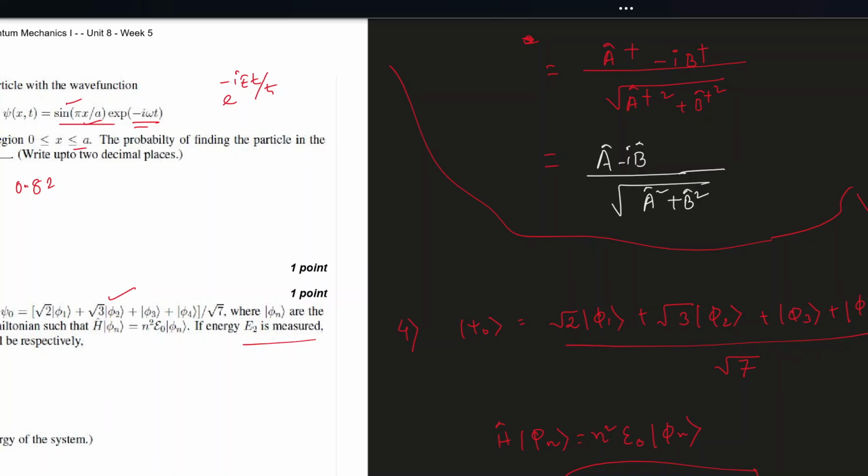Because they are orthonormal eigenstates, only the individual terms within themselves will contribute. So this is root over 2 squared, root over 3 squared, plus 1 squared, plus 1 squared, which is 1 by 7 times (2 plus 3 plus 1 plus 1).